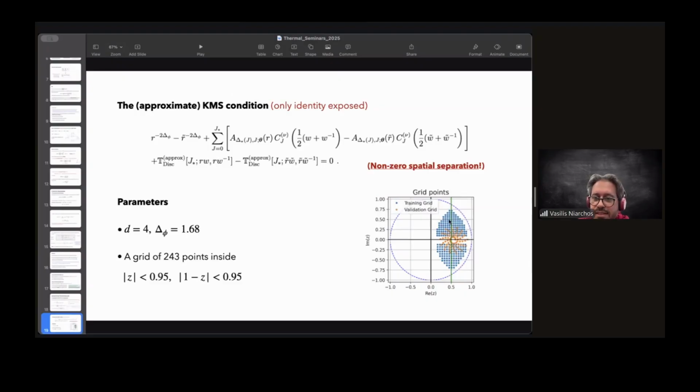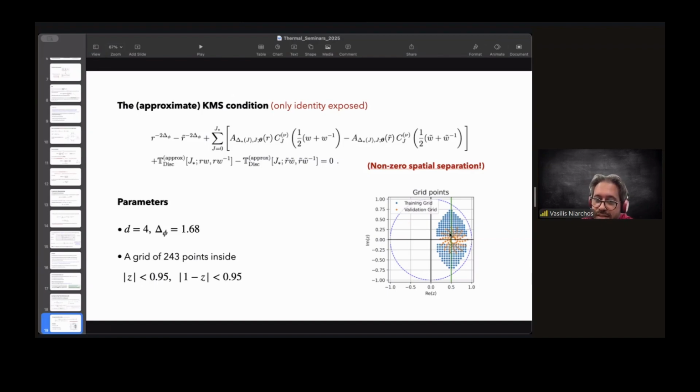And here I chose a grid which more or less captures all of the common convergence region of the S and T channel OPEs. Notice that there is non-zero spatial separation here, which is, I think, a novelty. In fact, in the grid we chose, we try to avoid the zero spatial separation region, which is the real axis, w equals 1.